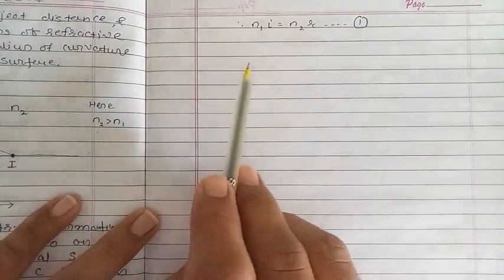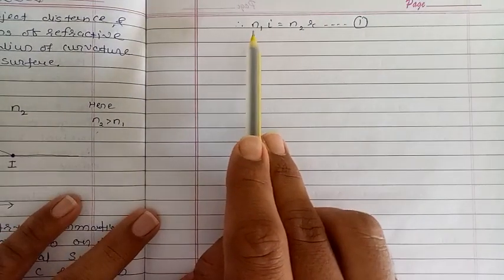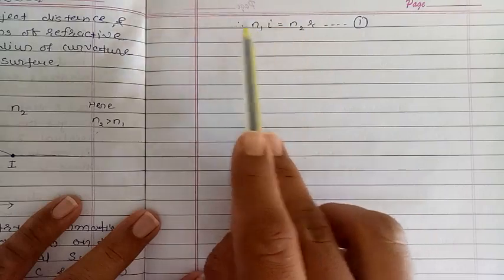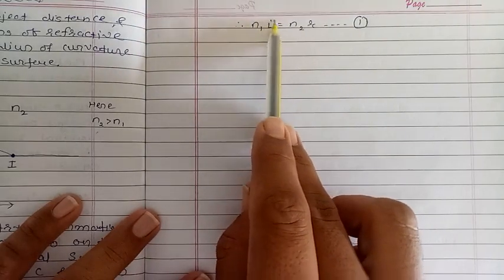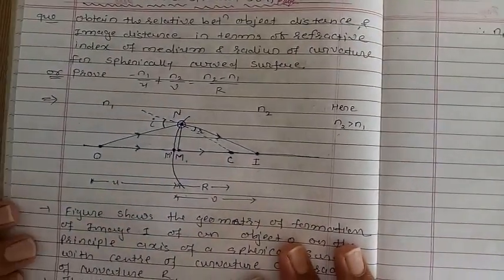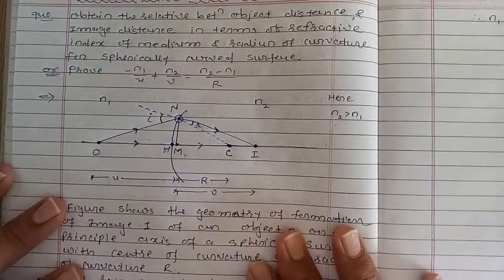We have to prove the relation between object and image distance with refractive index. So we have to find out the value of i and the value of r. To find out the values of i and r, we have to consider this figure. See this figure, friends.